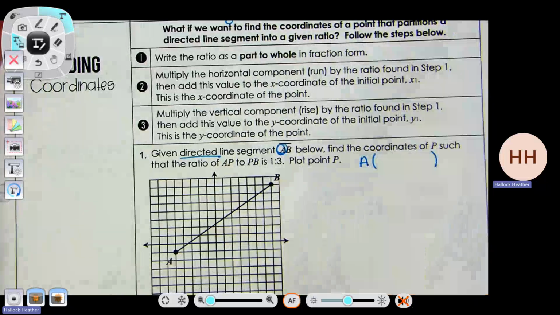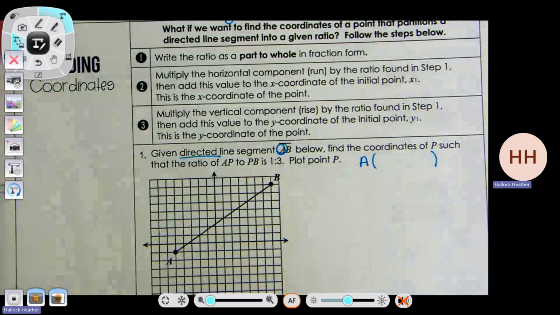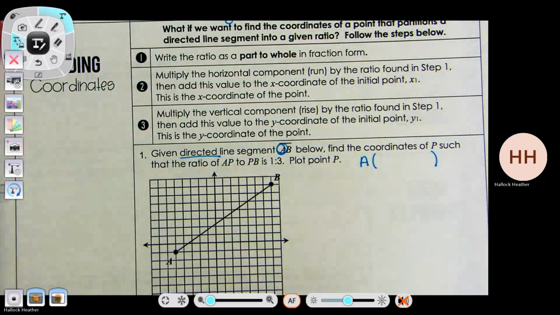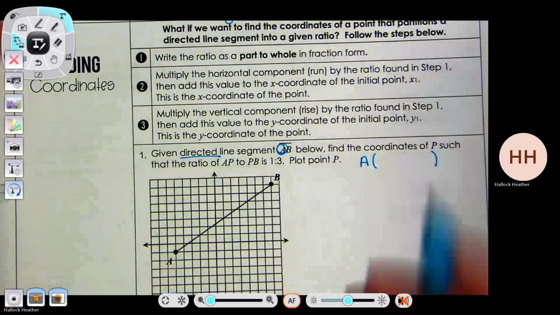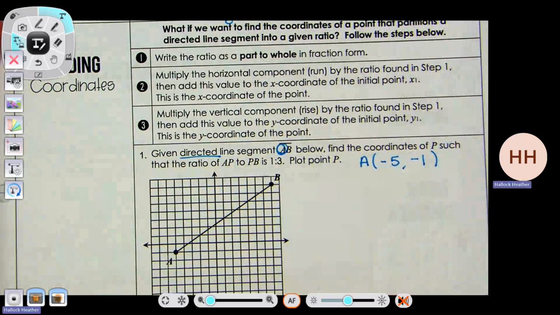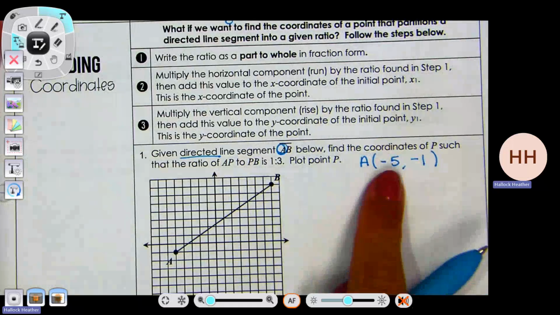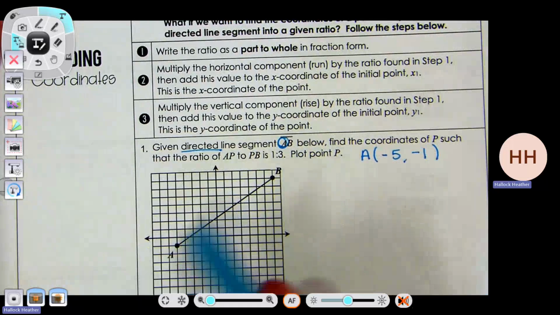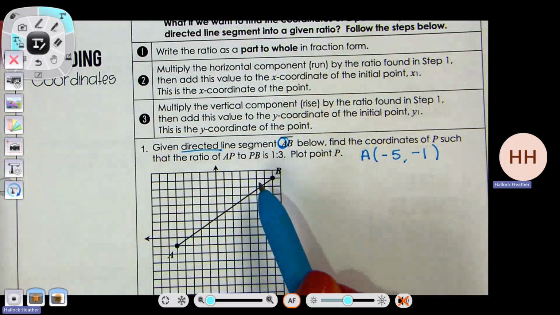So at A, that's where I'm starting. What is the coordinate point where I'm starting on the graph? I'm sorry, there's no numbers. -5, -1. Okay, so that's my starting point. That's important, because sometimes you'll start at A, sometimes you'll start at B. So you have to go in the right direction.